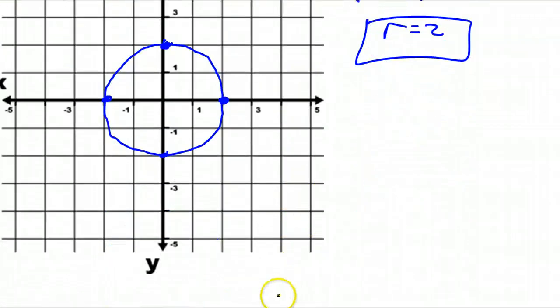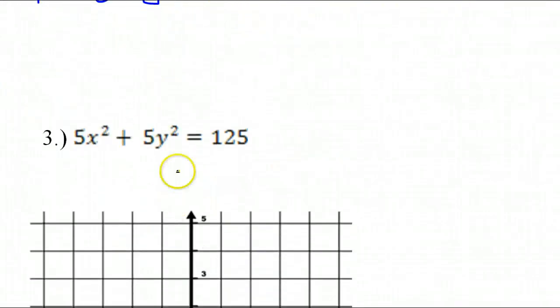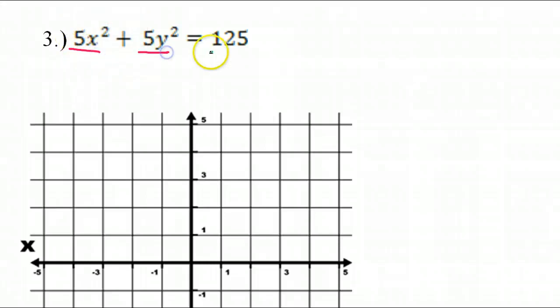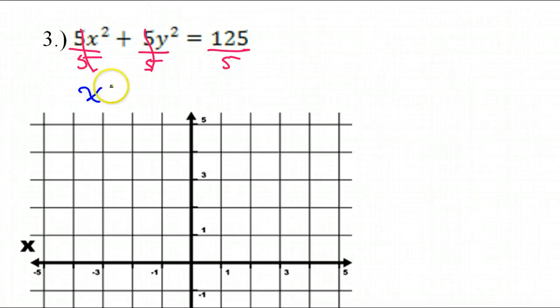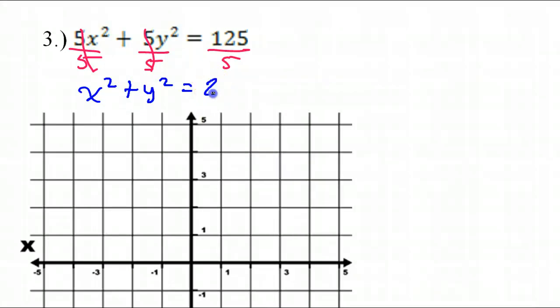Alright, so on to number 3. On this one, I would divide by 5 everywhere. I'm seeing those 5s. Let's get rid of them. So that would give me x squared plus y squared equals 25, of course. So that means that r squared is equal to 25.